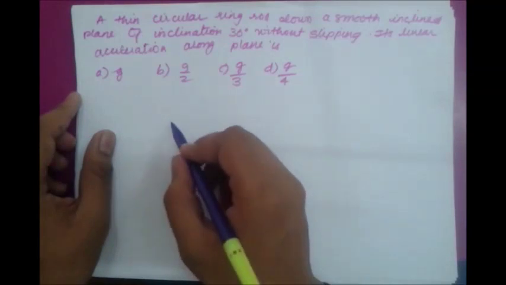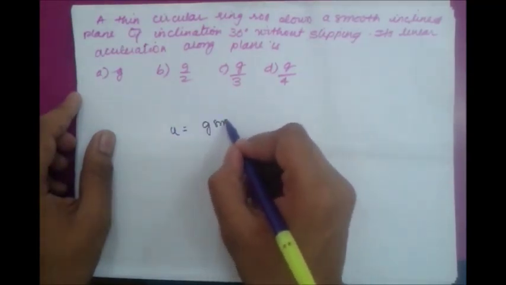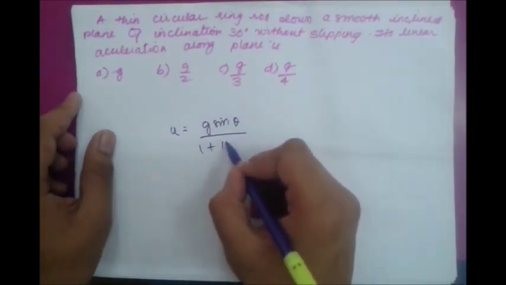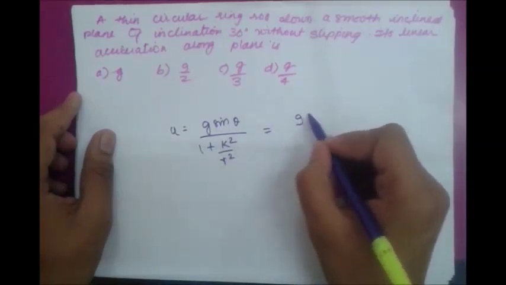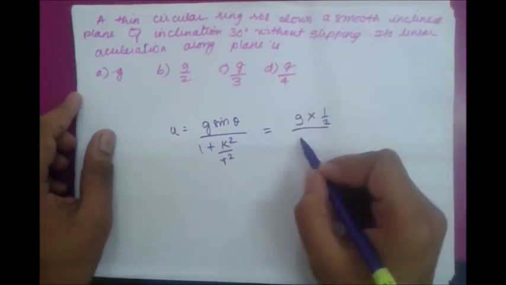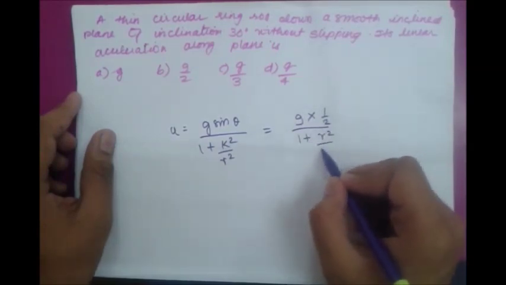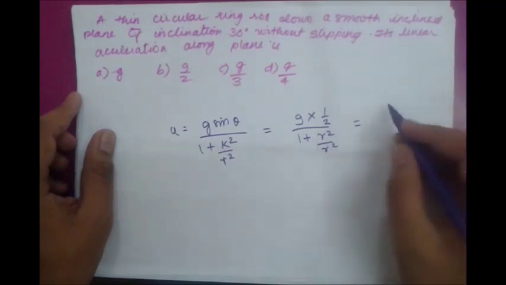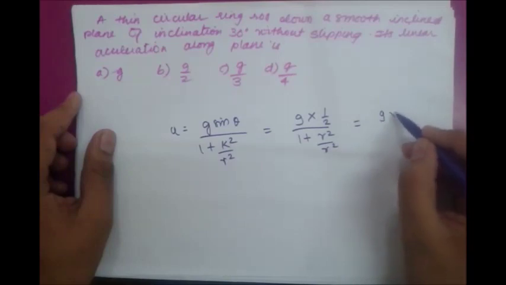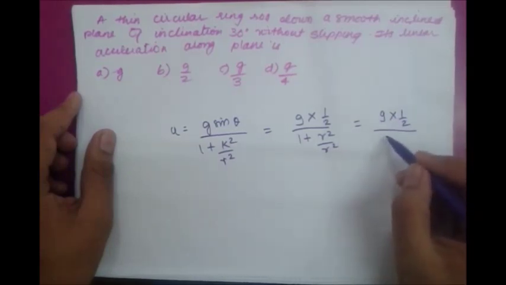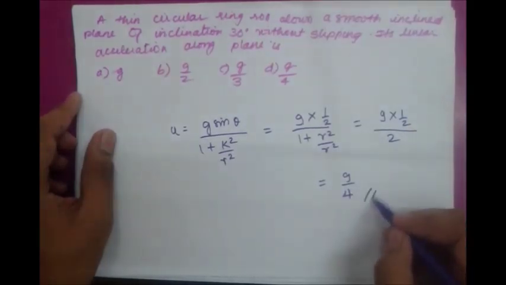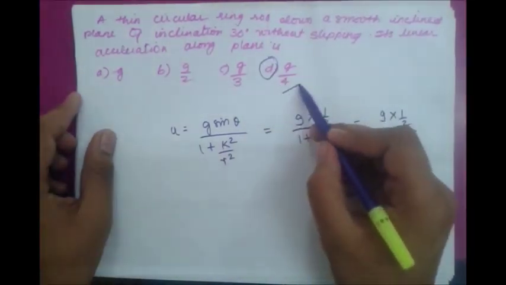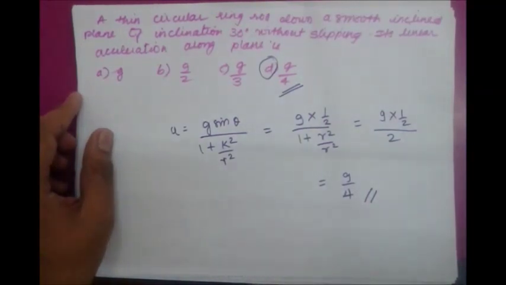Now to solve this question we know a is equal to g sin theta upon 1 plus k square upon r square, which is equal to g into 1 by 2 upon 1 plus r square upon r square, which comes down to g into 1 by 2 upon 2, which is equal to g by 4. So option D, g by 4 is the correct answer.